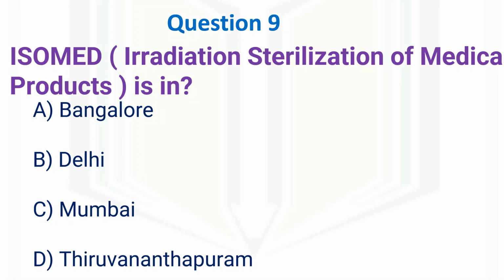Question number 9. ISOMD, which is the irradiation sterilization of medical products, is located in, options are Bangalore, Delhi, Mumbai and Thiruvananthapuram. Correct answer is option number C, Mumbai.